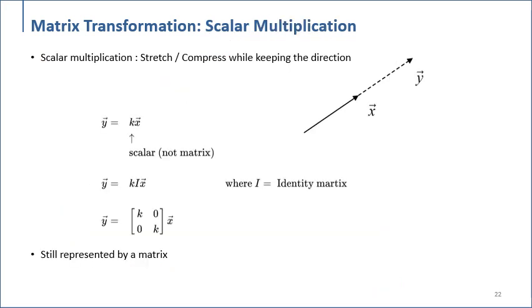The final example of a matrix transformation is scalar multiplication. We know that scalar multiplication is just stretching or compressing the vectors while keeping the direction, like making parallel vectors by stretching or compressing.